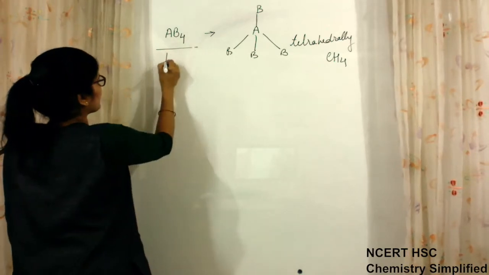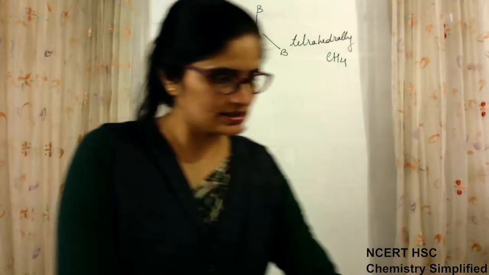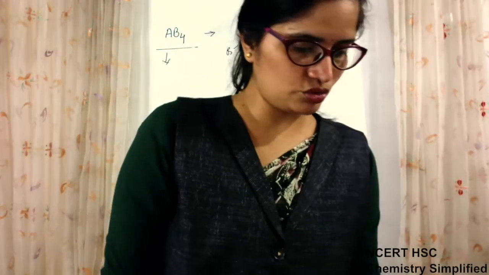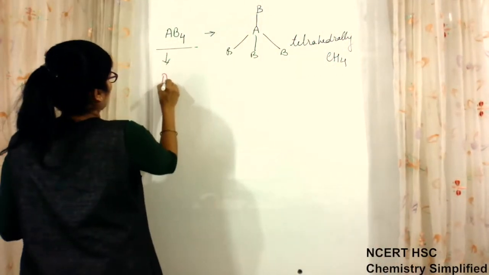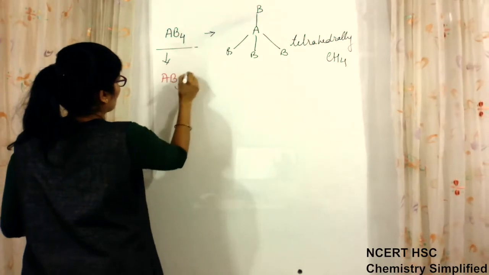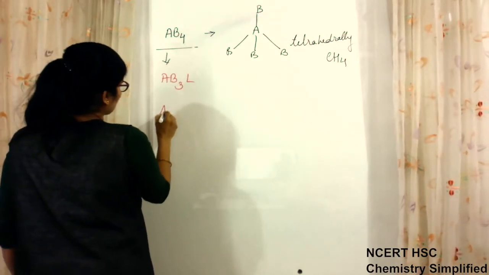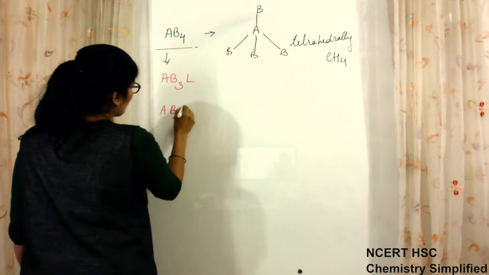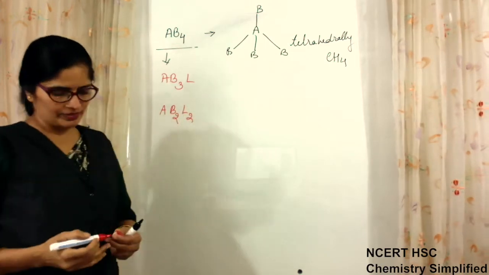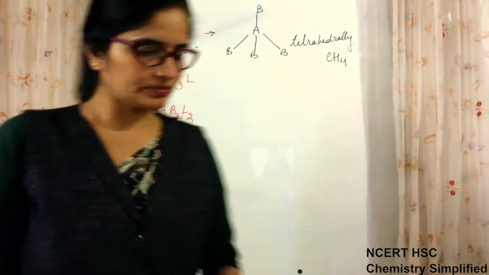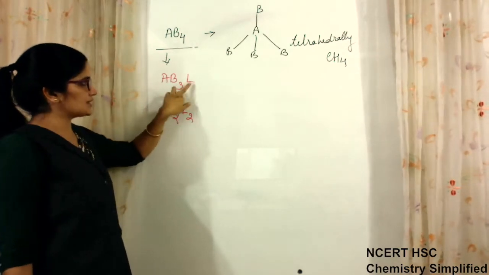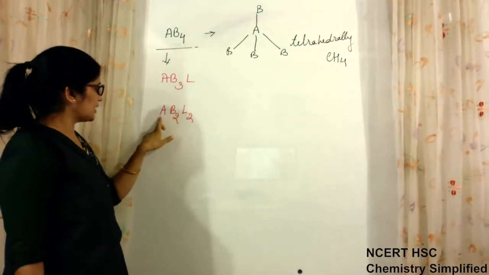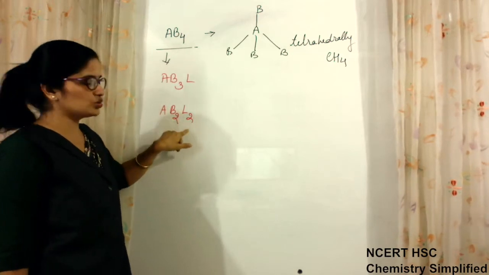So it can give rise to two types of geometries. Those two types of geometry are AB3L and AB2L2. Okay, that means the central atom will have 3 bonds and 1 lone pair, and the central atom will have 2 bond pairs and 2 lone pairs.